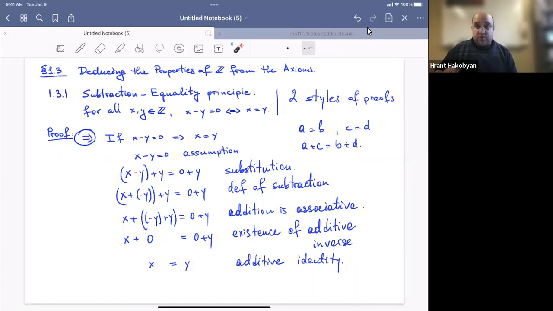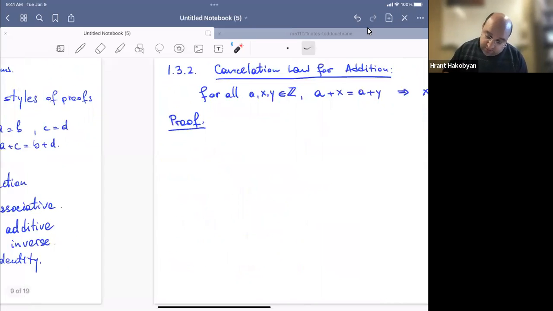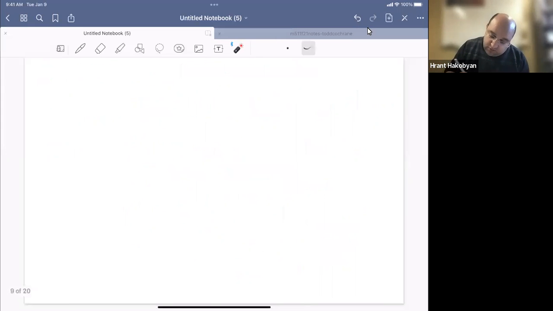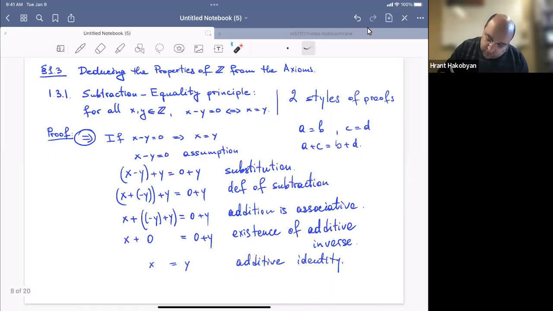So this is just to illustrate how you can show this cancellation, the subtraction equality principle, just from the axioms of the integers, and then we can do the other direction.